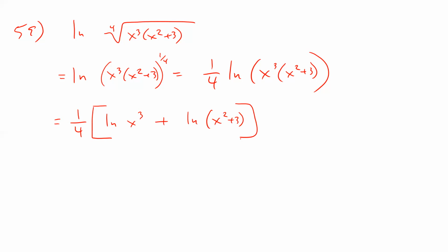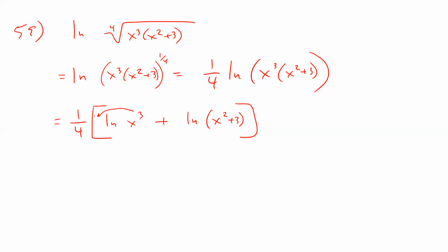All right, talk to me. Is there any other way I can simplify this or expand this out? Let's see, the 1/4 goes in, but this guy can also go out.